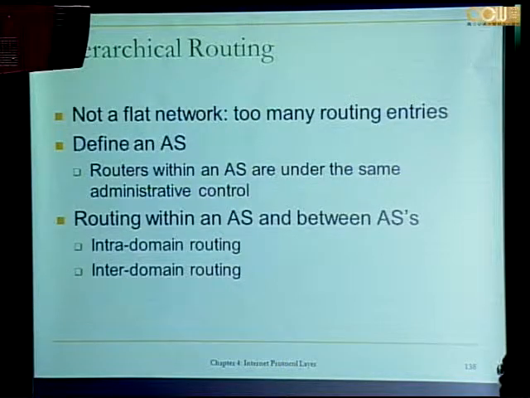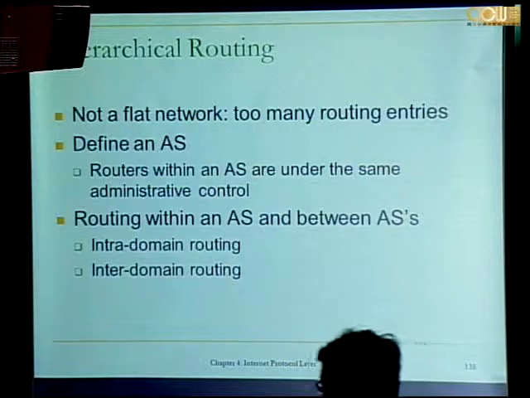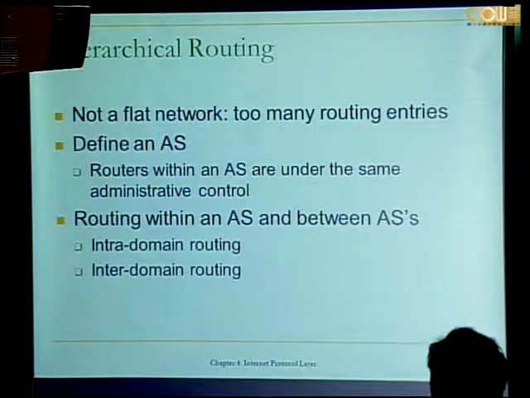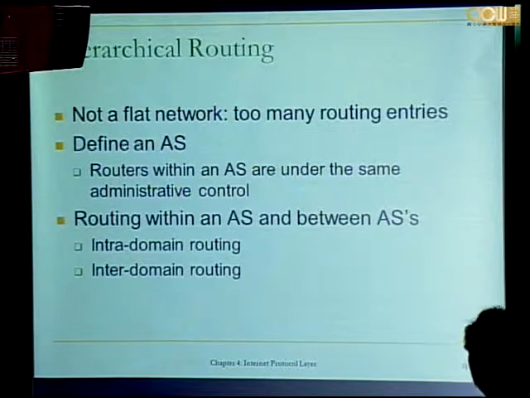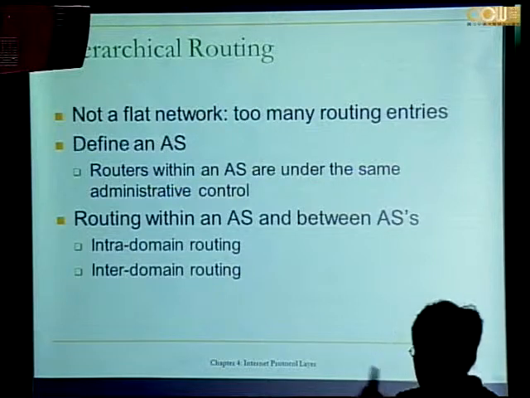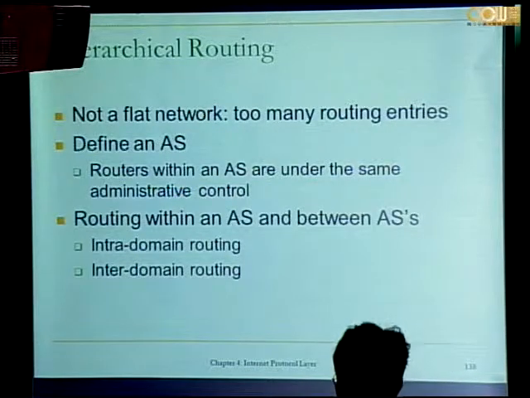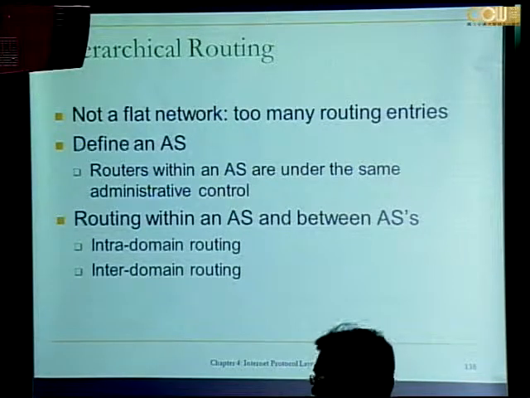For example, this campus is a domain, and an ISP network is a domain. Routing within a domain and between domains can be done separately. So within NCTU, the campus does its own routing. It can decide whether it wants to use Bellman-Ford or the Dijkstra algorithm, or in a sense, RIP or OSPF.